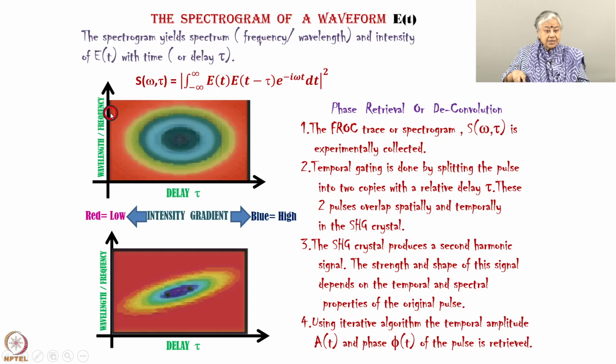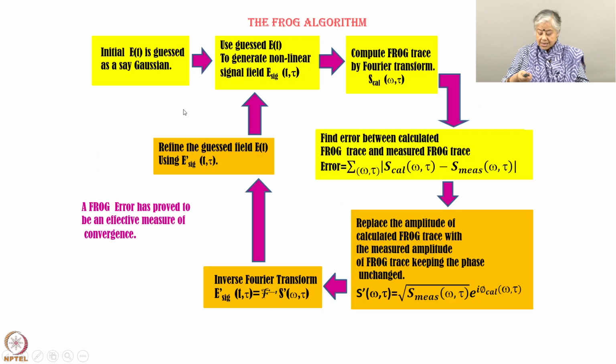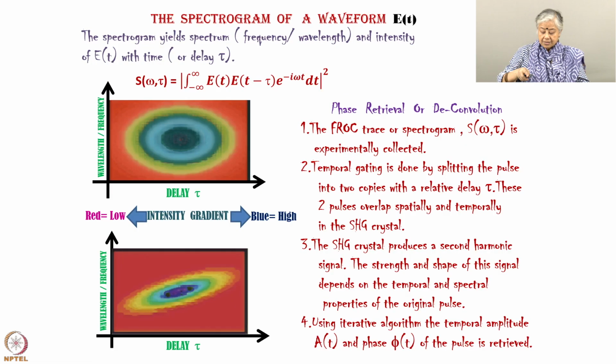Some frequency here does not have such a high intensity. Some frequency in this region has very low intensity. So, maybe that pulse has just gone down completely. The peak intensity is in the center, for that particular frequency here. Okay. So, this is one spectrogram.